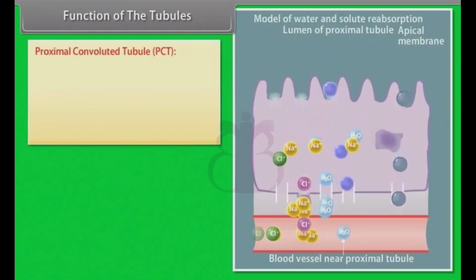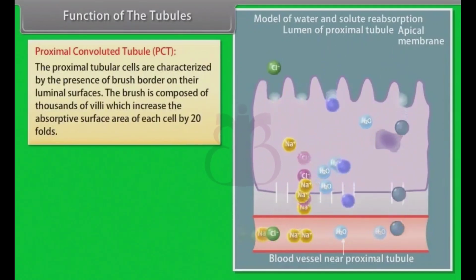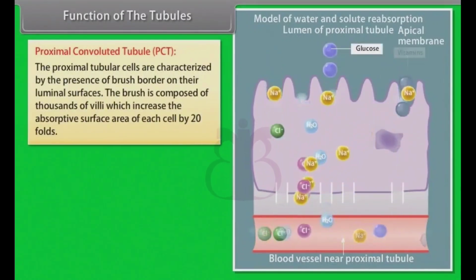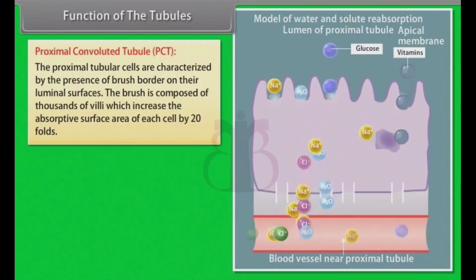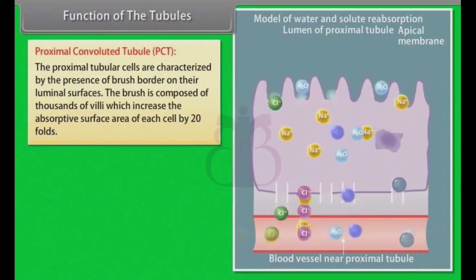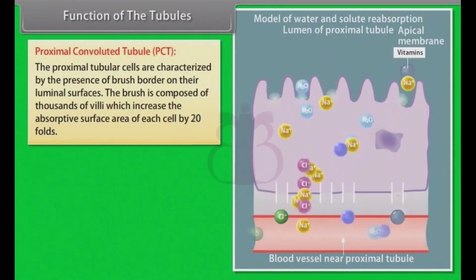Function of the tubules. Proximal convoluted tubule PCT. The proximal tubular cells are characterized by the presence of a brush border on their luminal surfaces. The brush border is composed of thousands of villi, which increase the absorptive surface area of each cell by 20 fold.